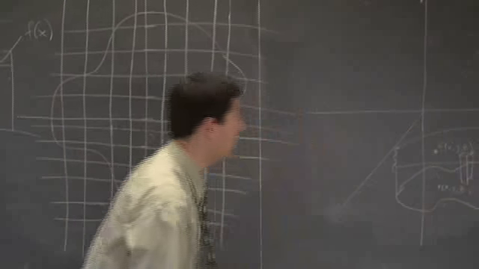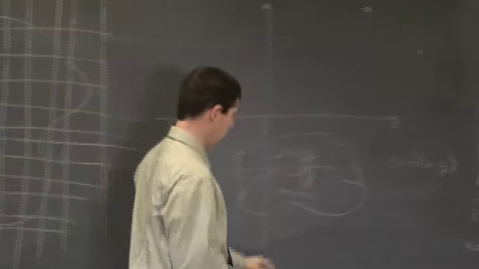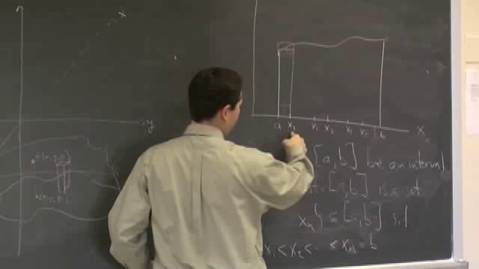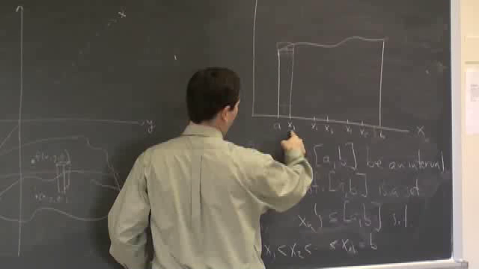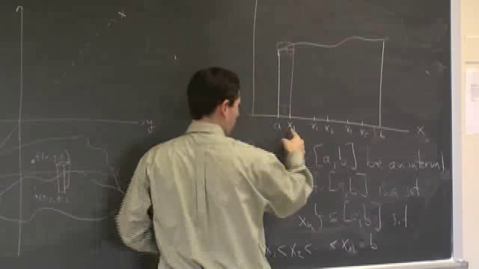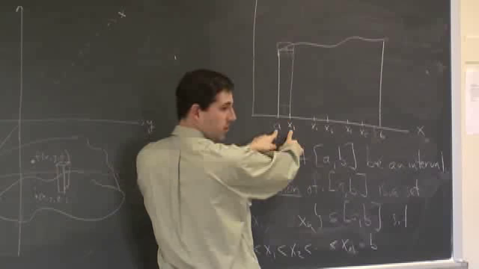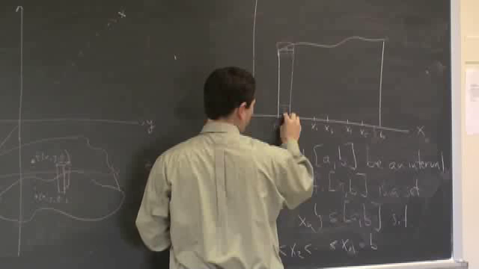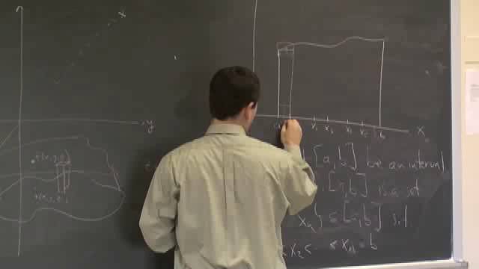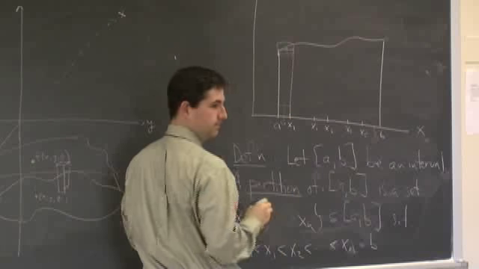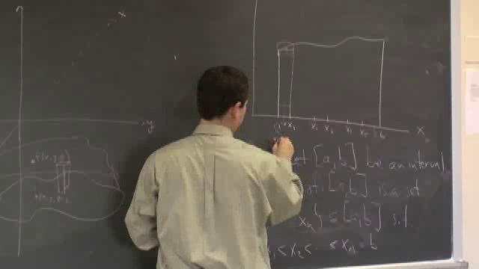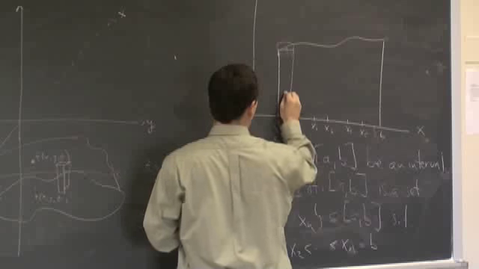All right, so what am I going to do? Well, in between each of the points in our partition, I'm going to choose some other point. And call it, this one will be called C1. Or maybe C0, because this came from X. And I can go up to the curve.